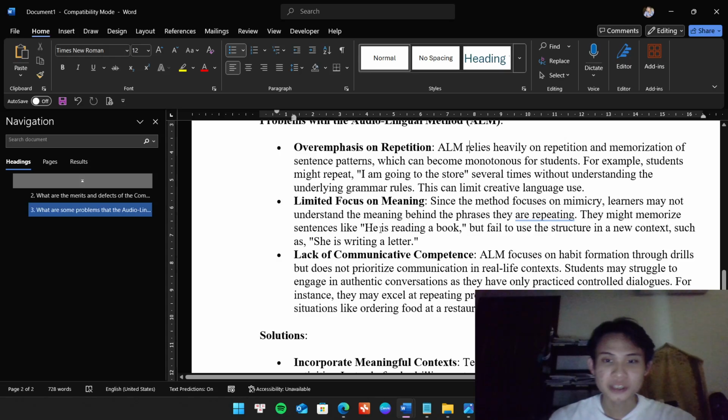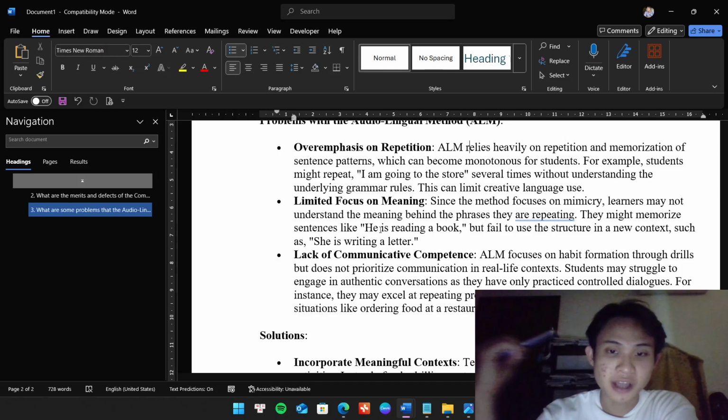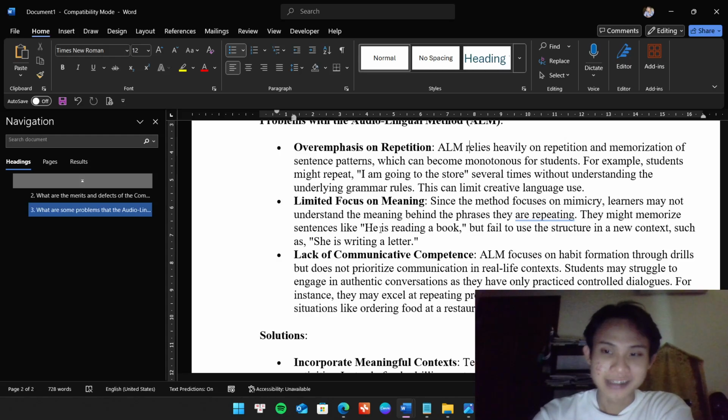For example, they know the sentence "reading a book," which describes an action, but when they are required to describe the action of writing a letter, like "she is writing a letter," they are unable to make it into a sentence.